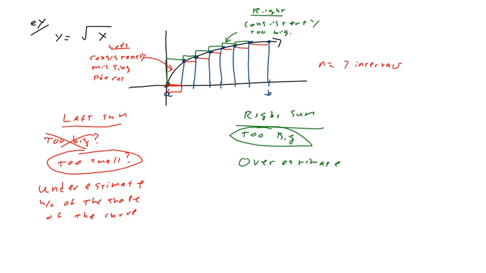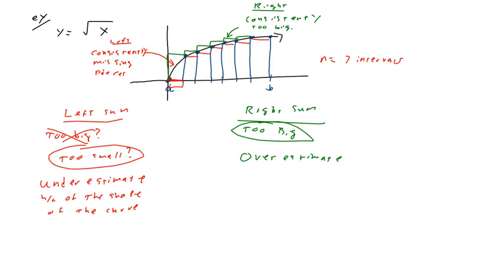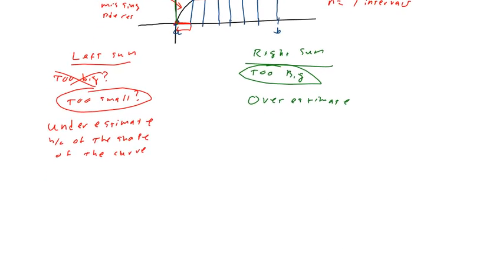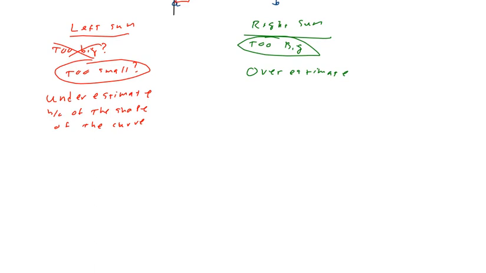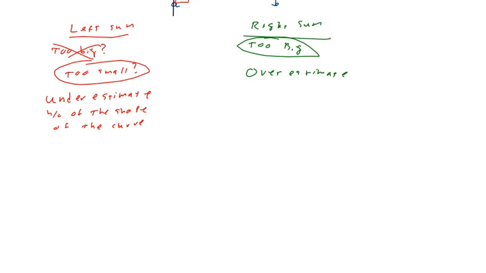So if I have a graph that looks like, we'll do a couple examples. If I do a graph that looks like this kind of curve, which one is going to be over, which one is going to be under, left or right?